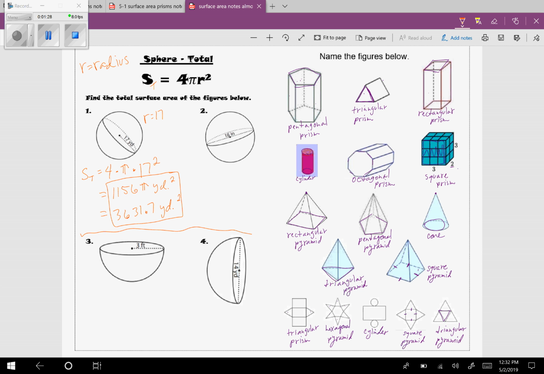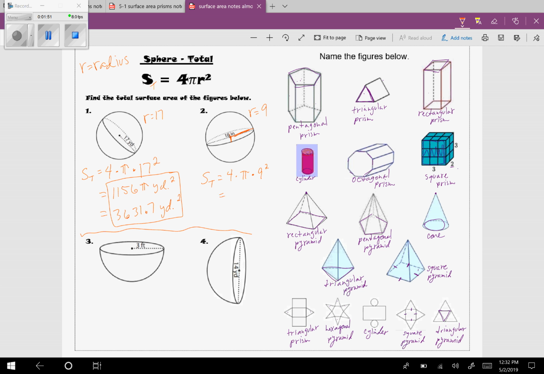Number 2 is a little bit different. Here, this 18 is actually our diameter. To get the radius, we only want half of that. So our radius on this one is 9, because 18 divided by 2 is 9. Then our surface area is 4 times pi times r squared, so times 9 squared.